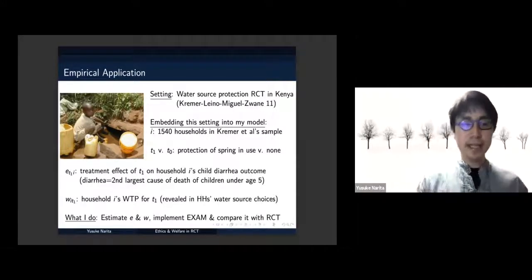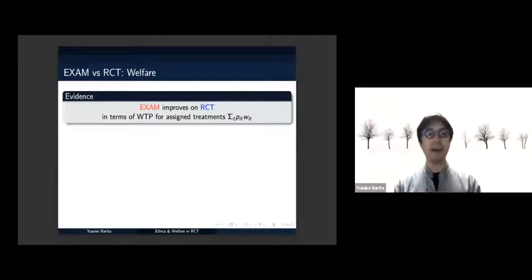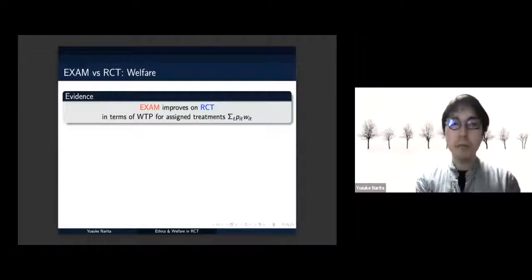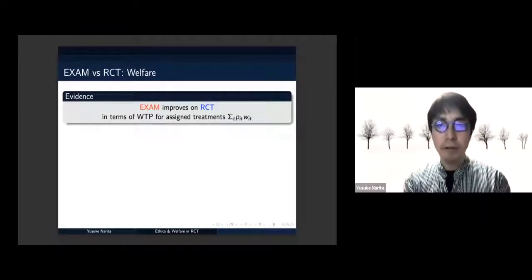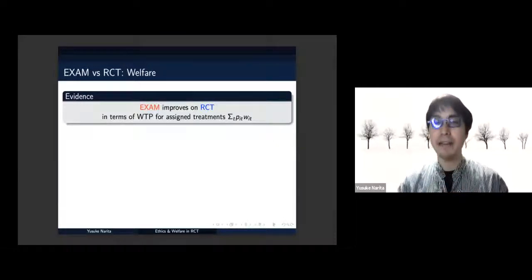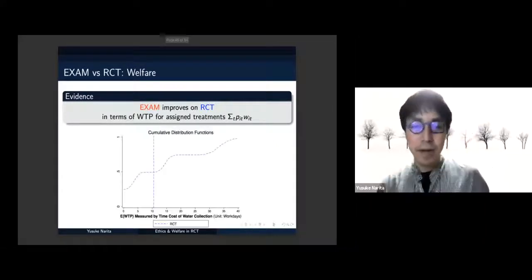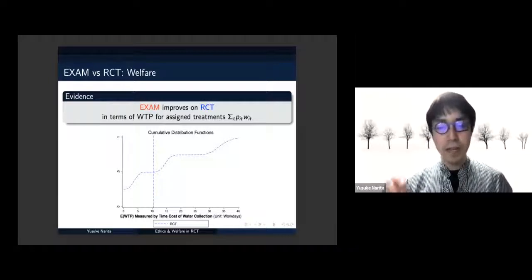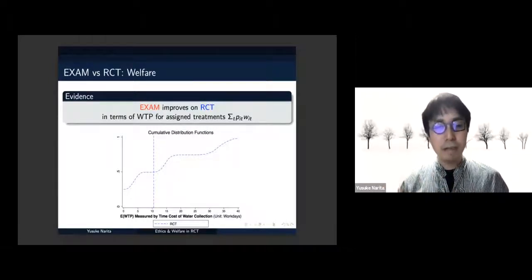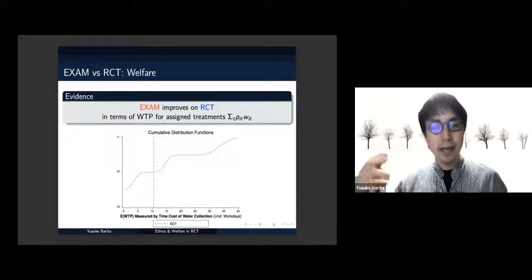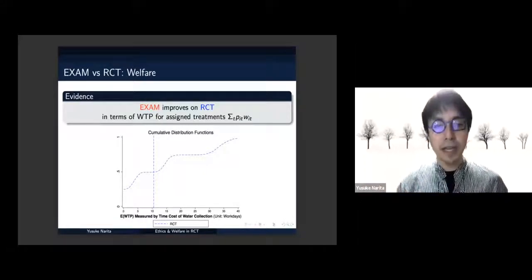And here is a summary of my findings. In terms of subject welfare, exam turns out to be substantially better than the RCT. For example, this is the distribution of the welfare measure, the willingness to pay welfare measure, on the x-axis, while the y-axis is its cumulative density.